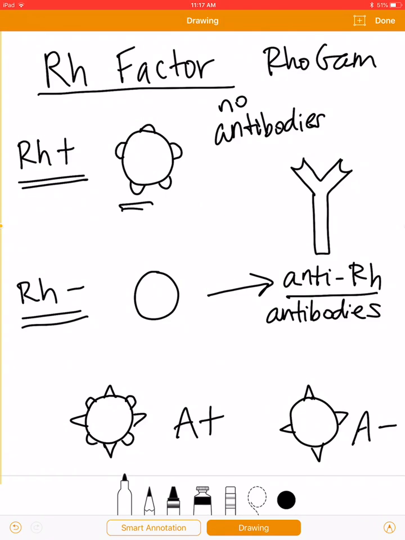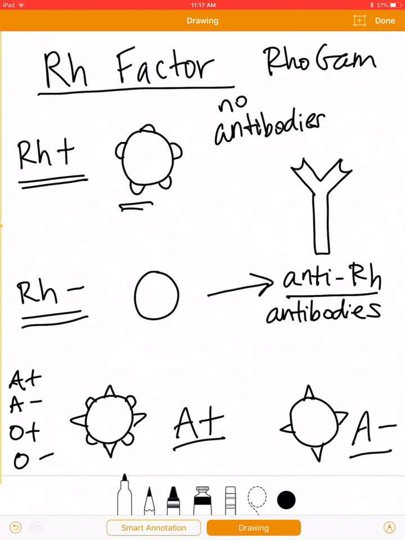So like, for example, A positive blood, this one right here, A positive blood, they can receive blood from anyone who is A positive, A negative. They can also receive from O positive and O negative blood types, because remember, those are the universal donors.